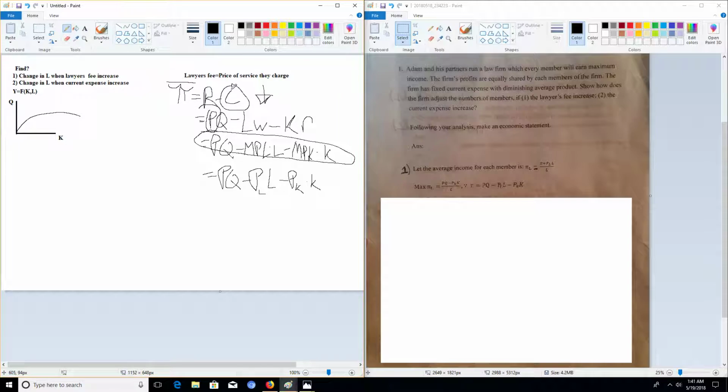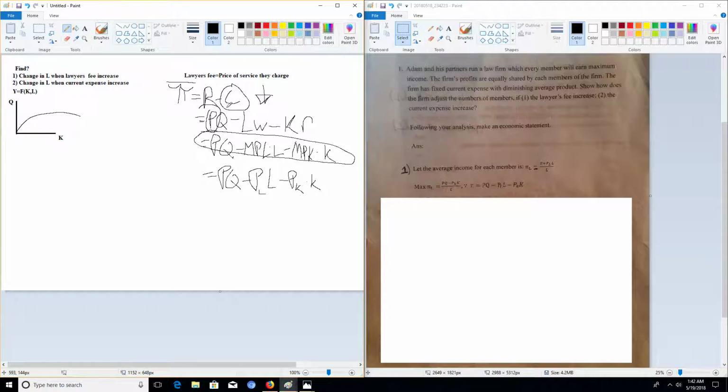And so, in terms of labor, how would you relate this, right? You have to figure out an equation that relates this, and that comes from average income here. Find the average income. Why is that? Well, the cost of labor here, of total labor, is LW, right?